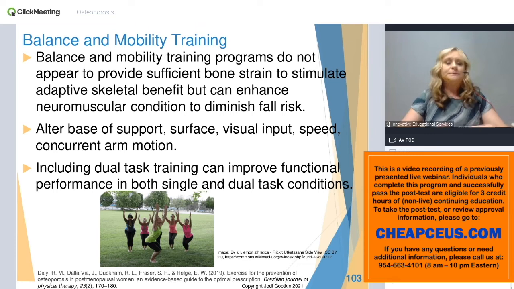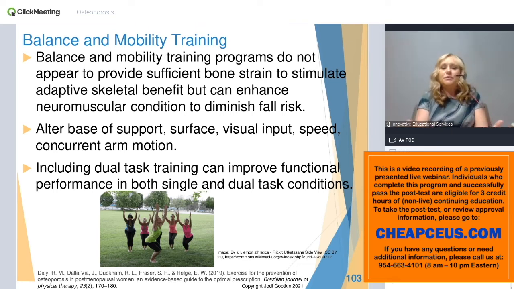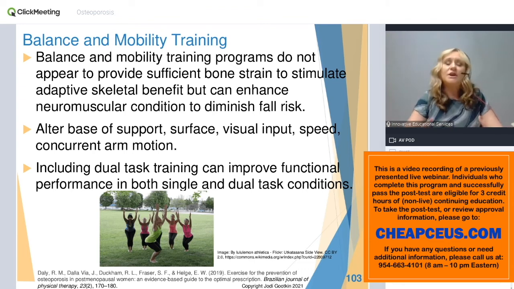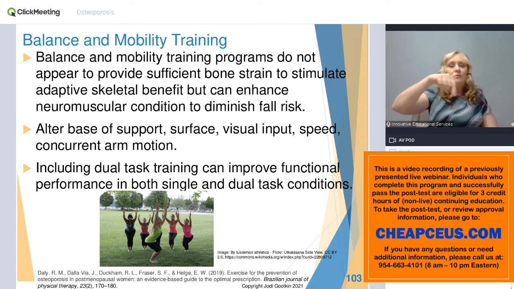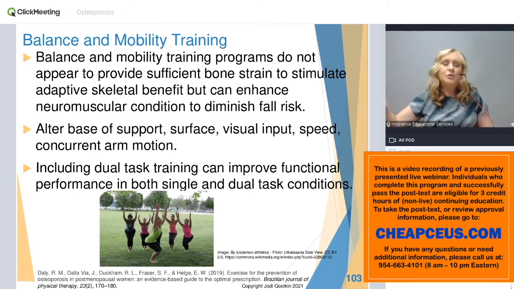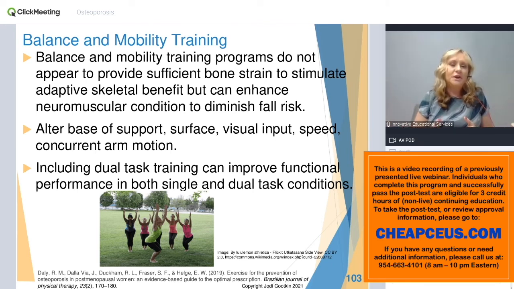Also consider, a patient may not be able to do yoga positions. Maybe they're just at an ambulatory level and you want to keep it safe for fall prevention. Have them walk doing more pivots, walk doing figure eights around an obstacle course. That's a different kind of balance training.